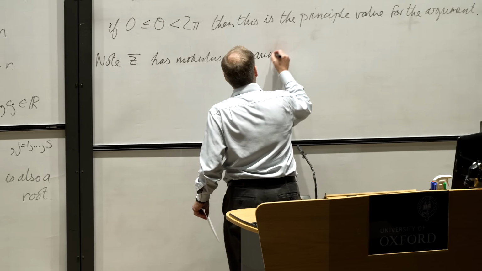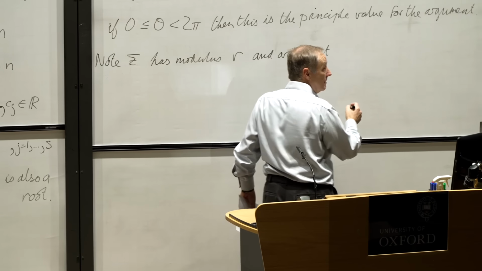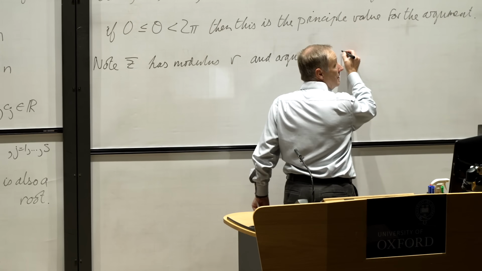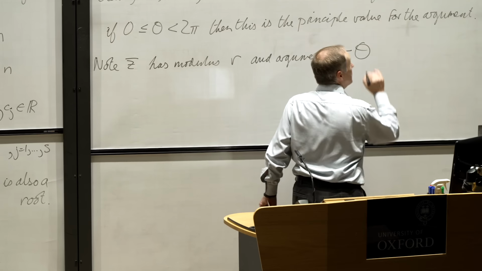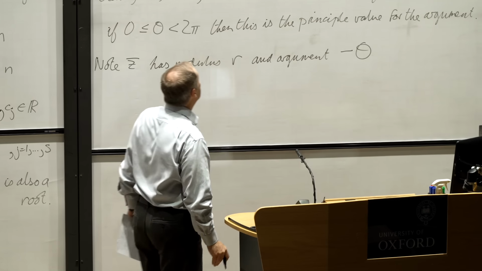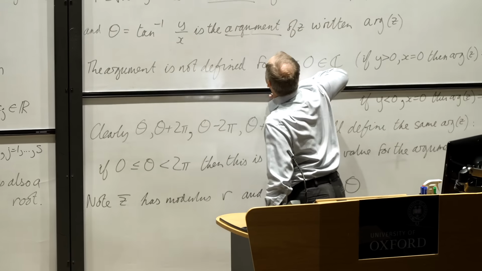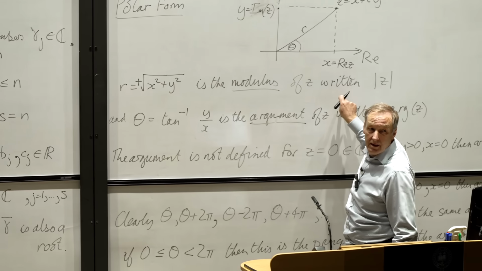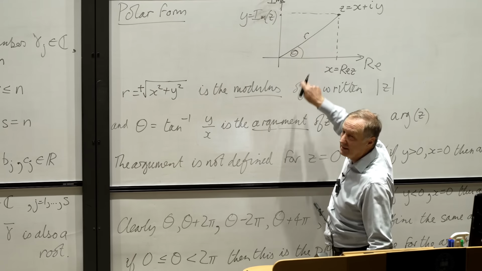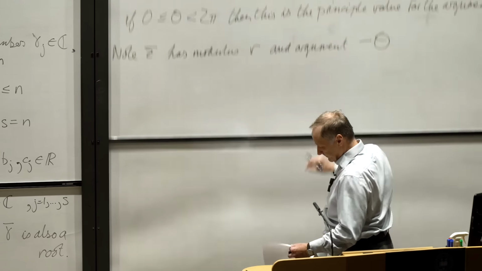And argument minus theta. Okay? That is, if you look at the conjugate on this diagram here, the conjugate is somewhere down here, right? And so the angle is minus theta.